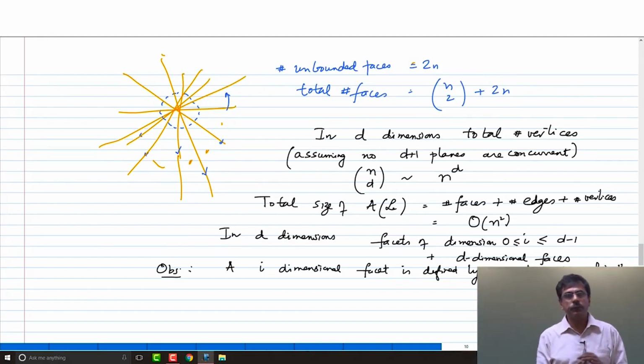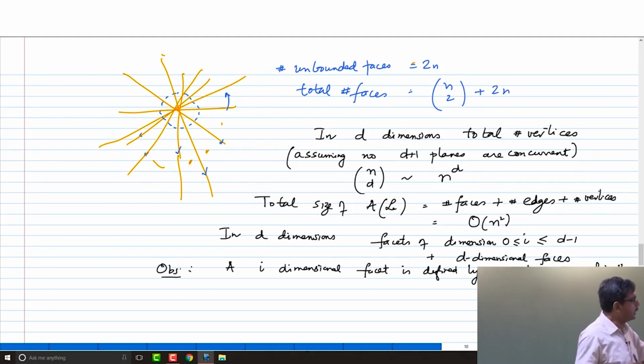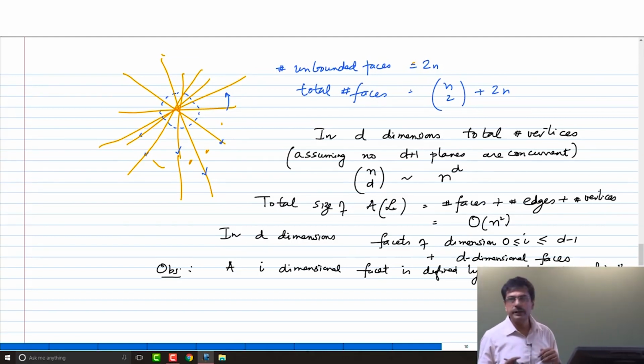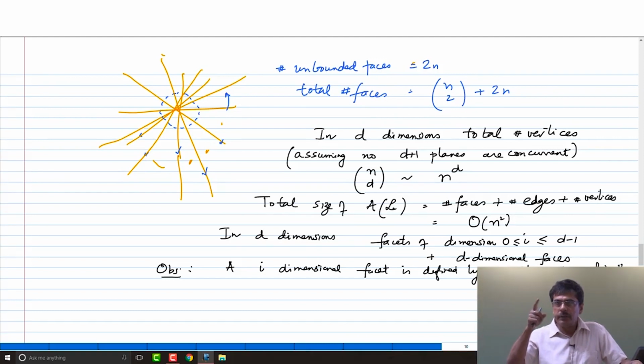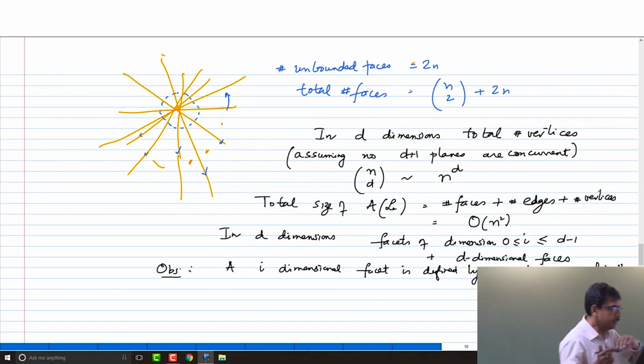So, when it comes to 2 dimensions, 2 lines define a point. So, there is an intersection basically. As you intersect more and more hyperplanes, the dimension is going to reduce by 1, right. That is where it comes from. So, an i dimensional facet is defined by exactly d minus i hyperplanes. And so, therefore, now you can actually write down this series of d choose d minus i summation, right.